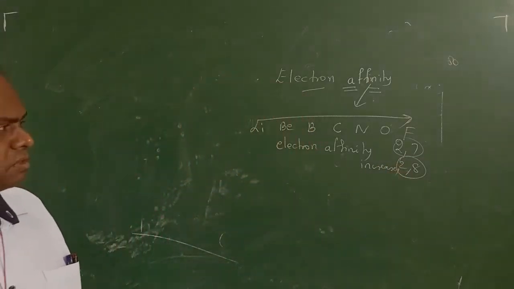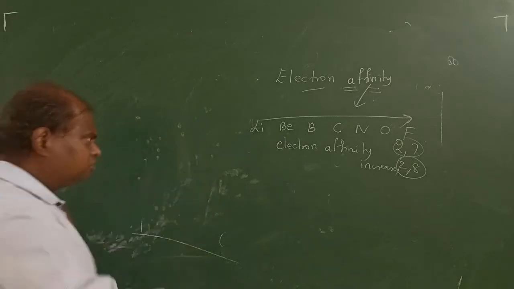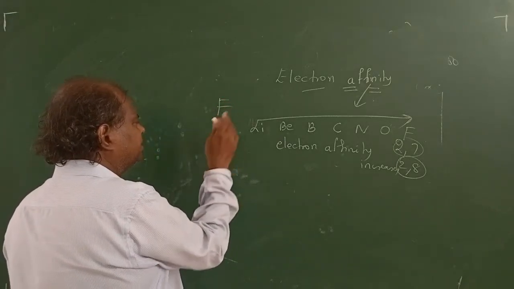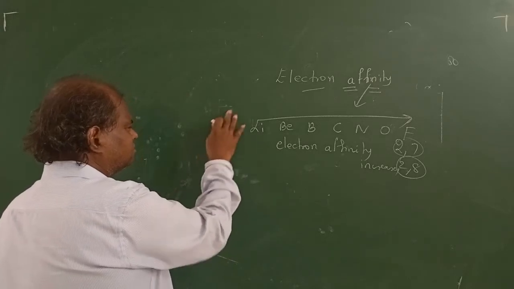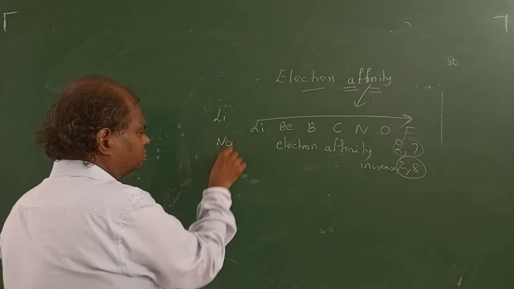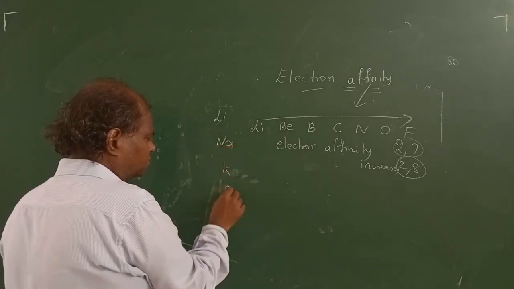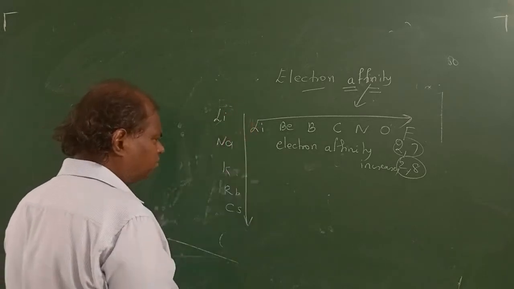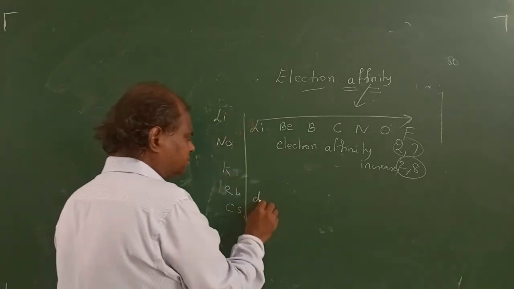Across the period. But if you see down the group, take any group, for example lithium, sodium, potassium, rubidium, cesium, down the group it will decrease.